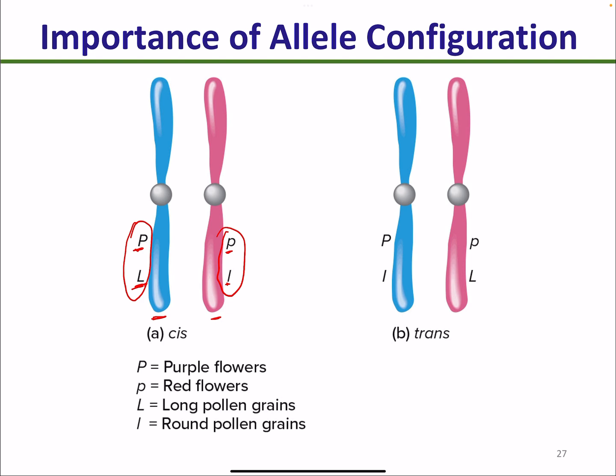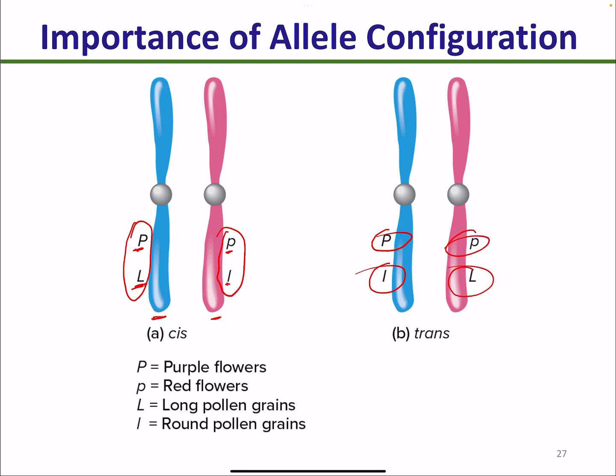That's one organization. But then there is another configuration, where the dominant allele of this gene can be on the same chromosome as the recessive allele from the other gene, and the same thing over here.